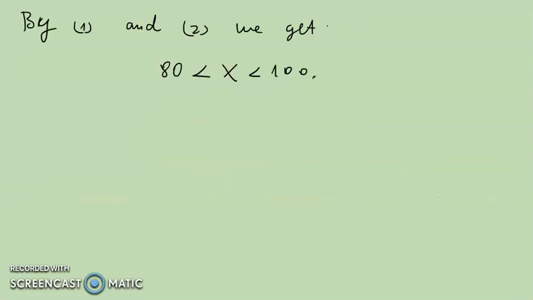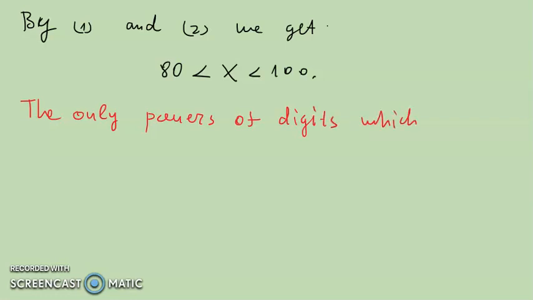The only powers of digits which could end in 9: 3 could end in 9, for example 3 squared. 5 cannot, but 7 and 9 can.